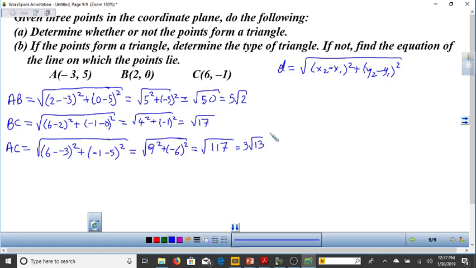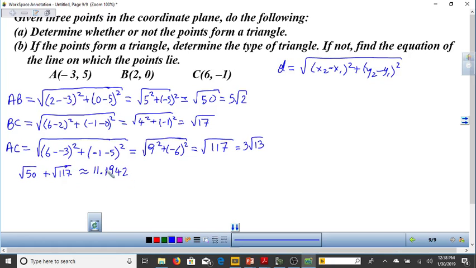Now, if you notice these, if you add AB, the two shortest sides would be square root 50 and square root 17. If we add those numbers, square root 50 plus square root 17, that works out to be approximately, and you can do this in a calculator, 11.1942.